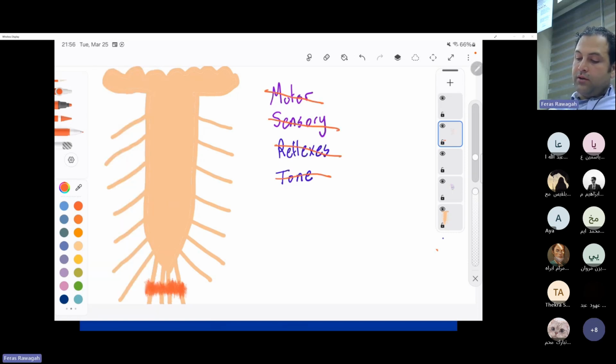There will be hyporeflexia and atonia. This is called cauda equina syndrome, because it is an affection of the lower motor neuron. Okay, so those are the differences between the upper motor neuron and lower motor neuron.